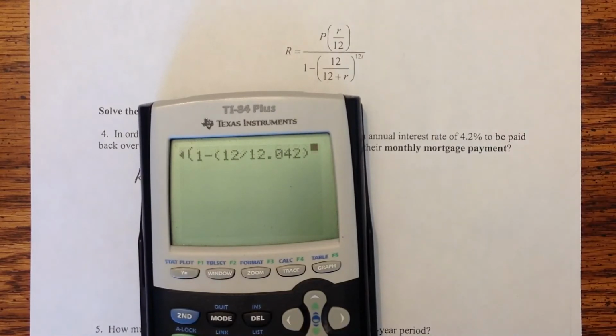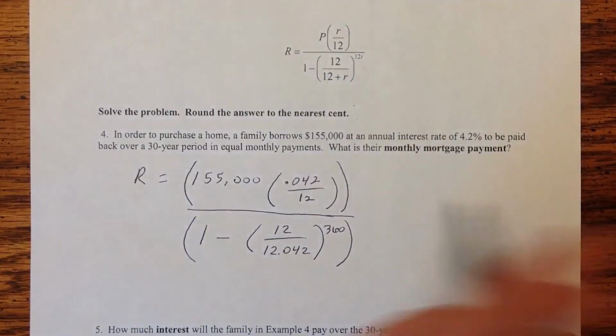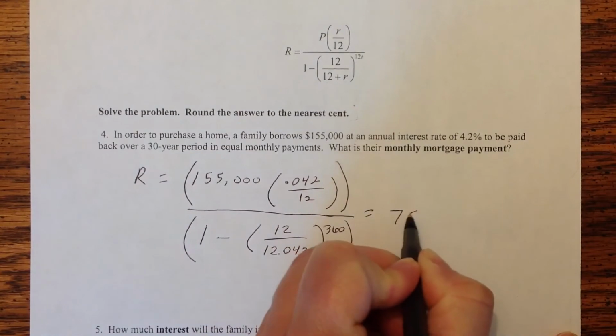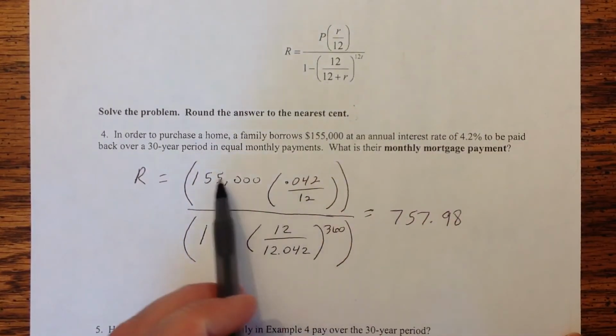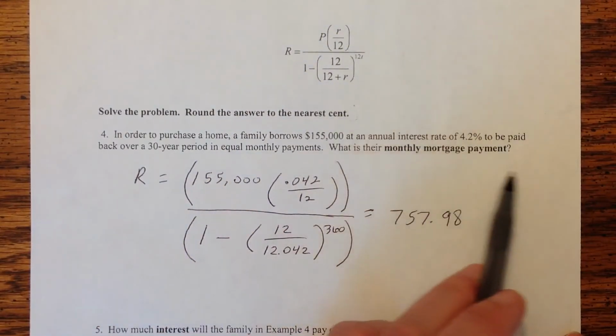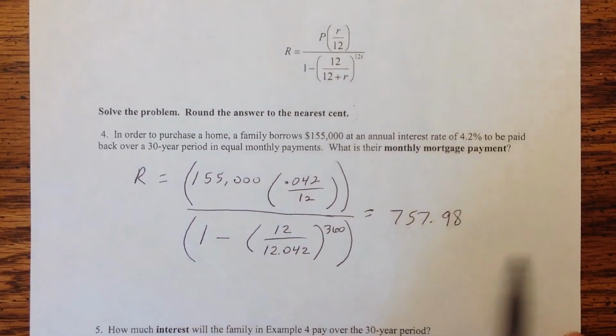I raise that to the 360 power, and then I close my parentheses again, and I hit enter. And there's my monthly mortgage payment, $757.98. You could also piecemeal it. You could just figure out the top by itself and write out a really long number. Do the bottom, write out a really long number, and then divide.